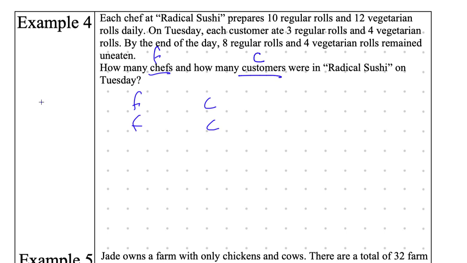Okay, so Charles kind of has the answer. This one is going to be regular rolls, and this one is going to be vegetarian rolls. There are two categories of rolls, vegetarian and regular. So those are the two categories of equations, and we know that we're going to be combining F and C inside of that equation.